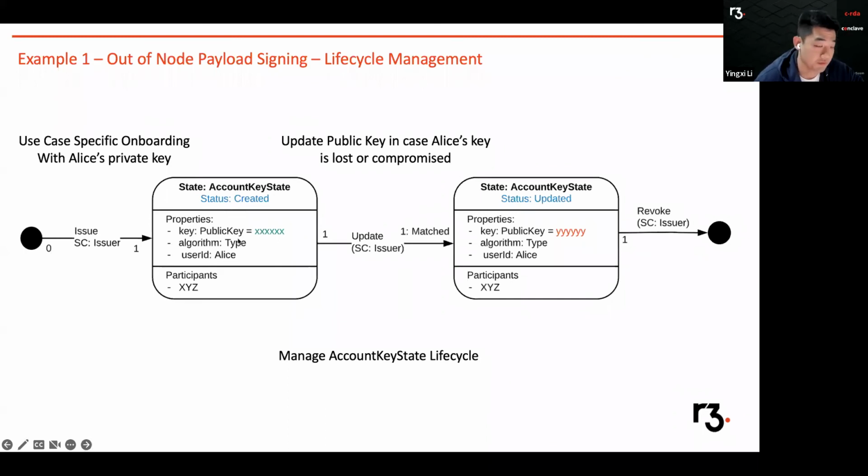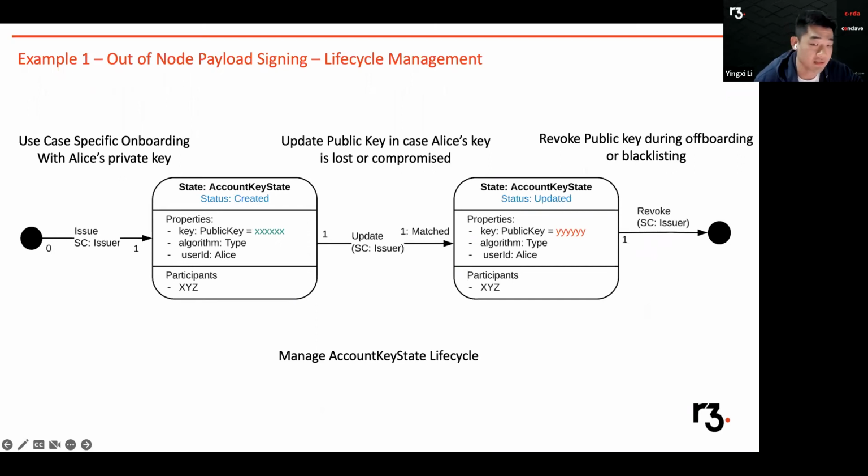And if, for example, you lost your phone and you want to update your keys in the ledger, you just update the public key stored in the account key state on the ledger. You do that at the network operator level. So you can update or revoke the public key during offboarding or blacklist.